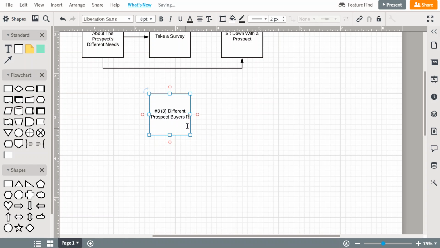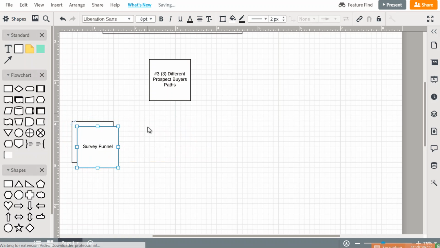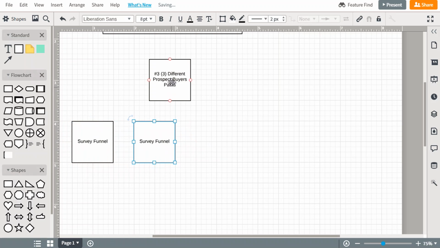And we'll call these pathways or paths. So there are 3 different paths. So here is where we start the funnel. We'll call this the survey funnel. And there are going to be 3 different paths.